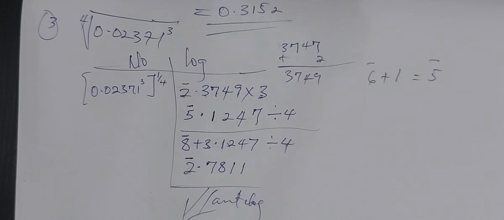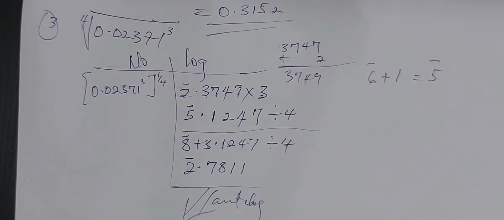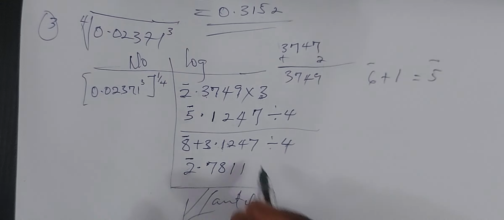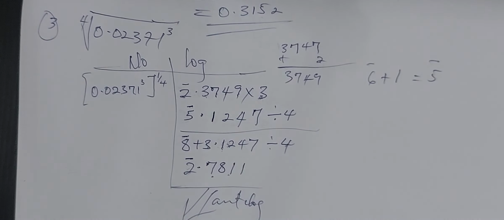8 times 8 is what? Is 32. So let's go straight. We look for the antilog of 78 under 1, difference 1.